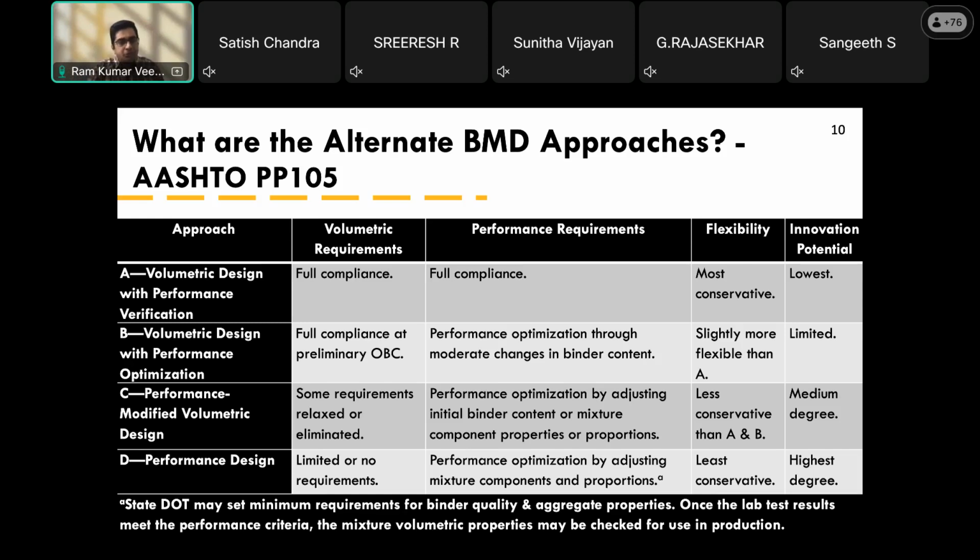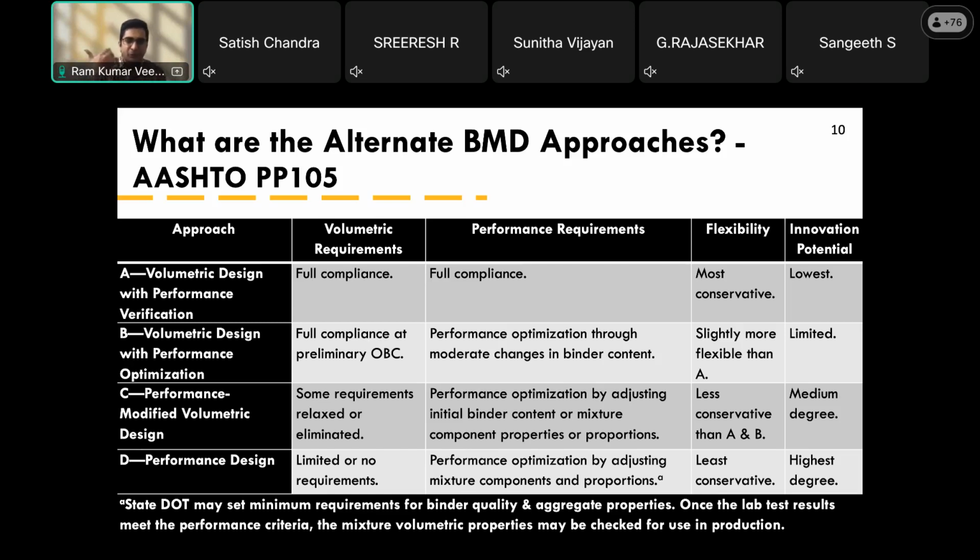And finally, approach D has limited or no volumetric requirements at all, completely void of the volumetric approach. The performance is optimized by adjusting mixture components and proportions. This is the least conservative approach, providing the highest degree of flexibility and innovation.